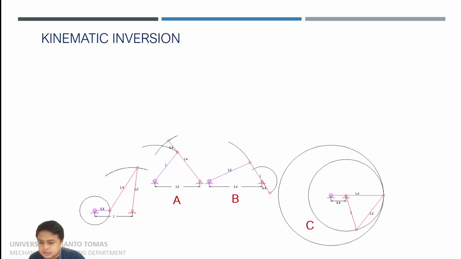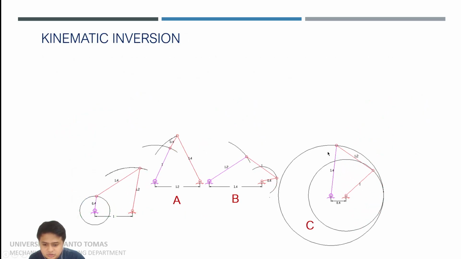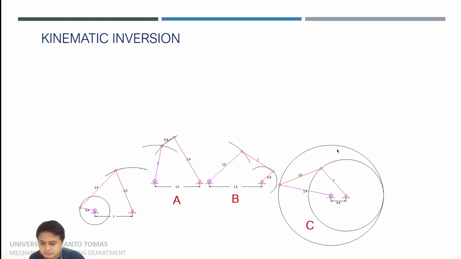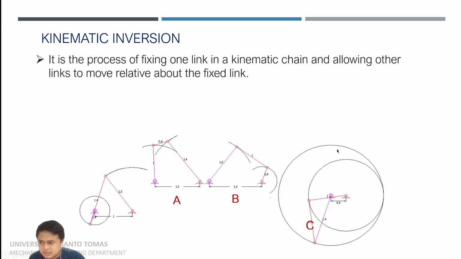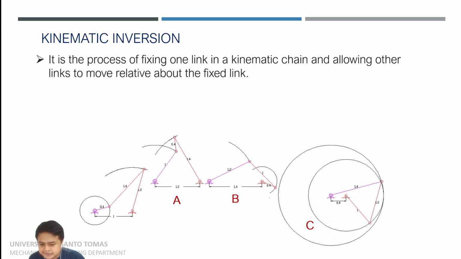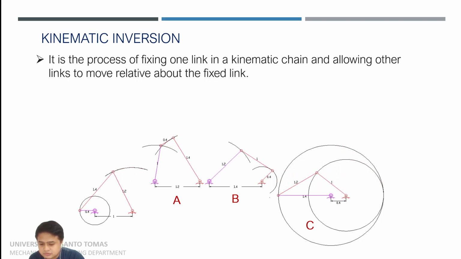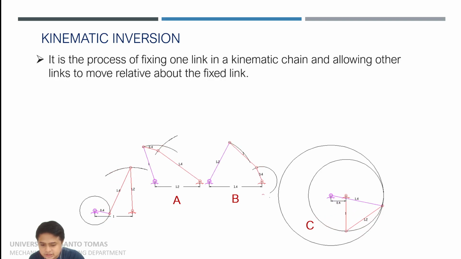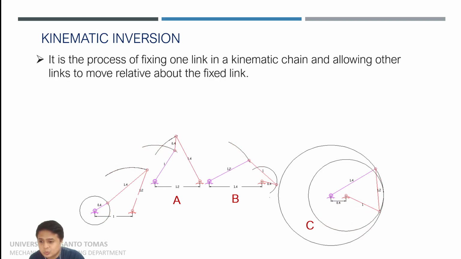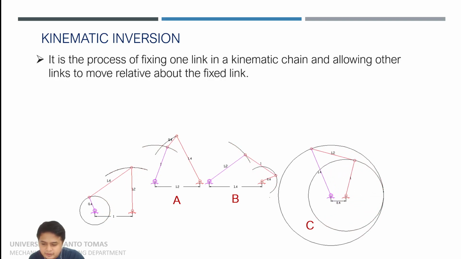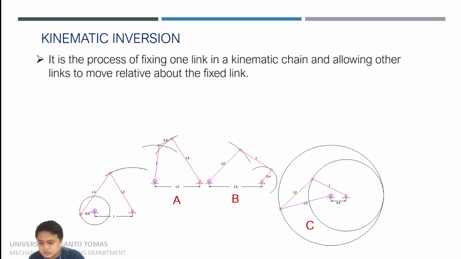Okay? So with this in mind, for a single arrangement of a four-bar linkage, we can change the configuration by changing one link. The frame is usually what we are changing here.